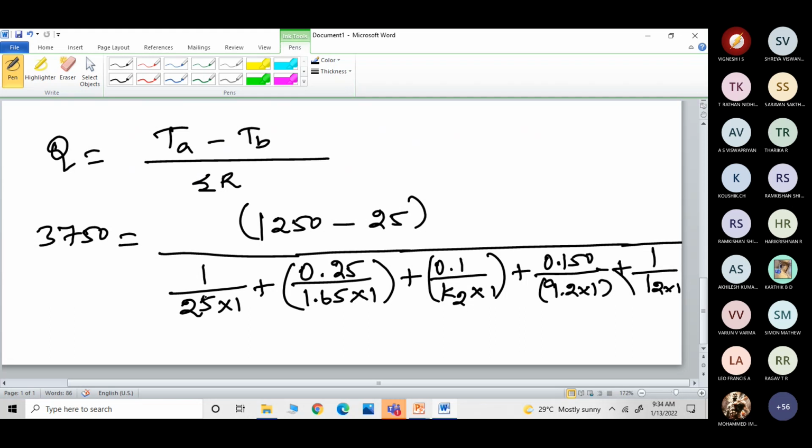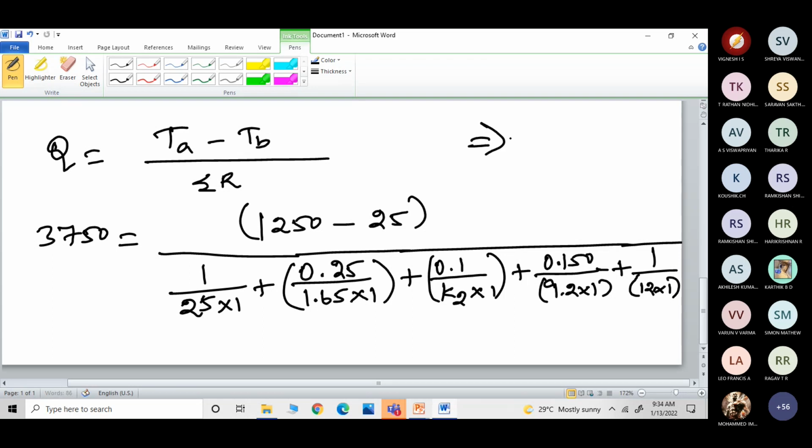So how much does it come to? One of your friends said the answer for the K2 value: 3.0612.